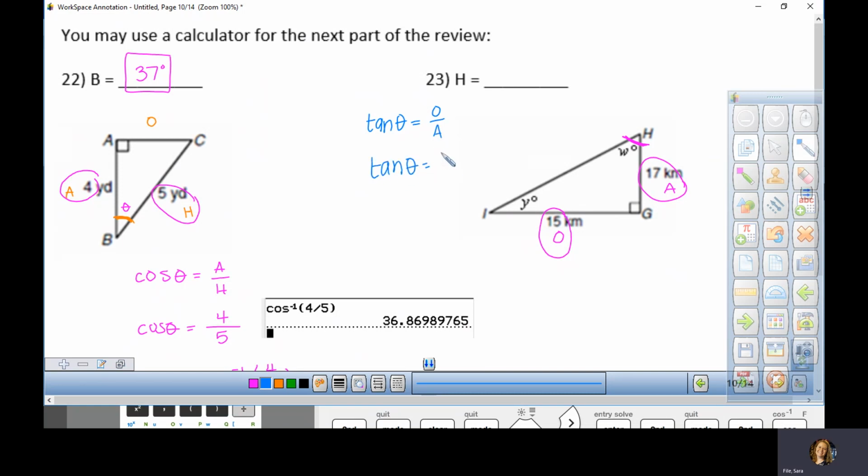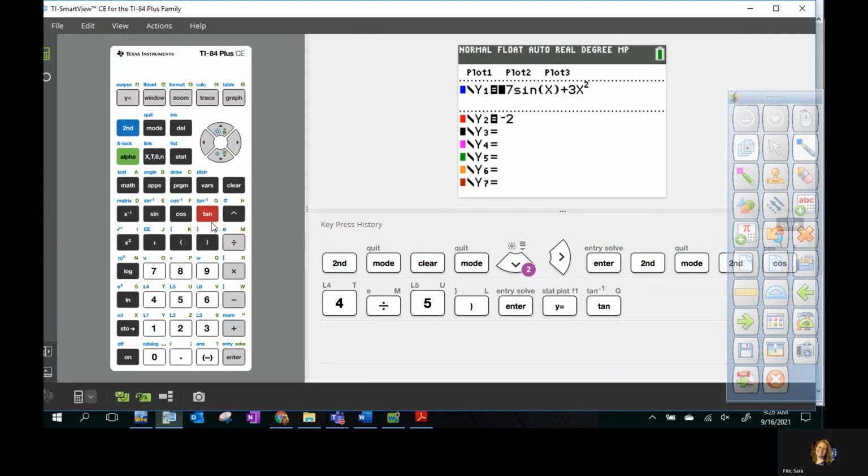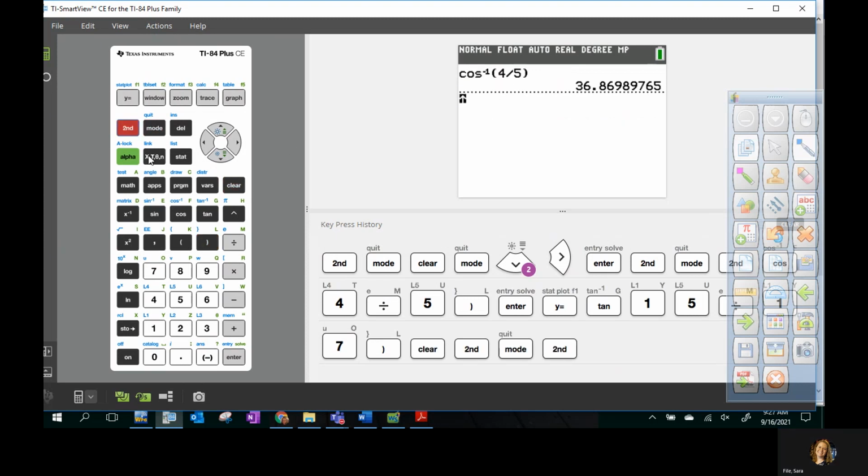And I end up in the same boat here where it's the angle that's missing. So to get theta by itself, I have to do inverse trig. So inverse tangent of 15 over 17. I'm not even paying attention to my screen. It was on y equals. All right, try that again.